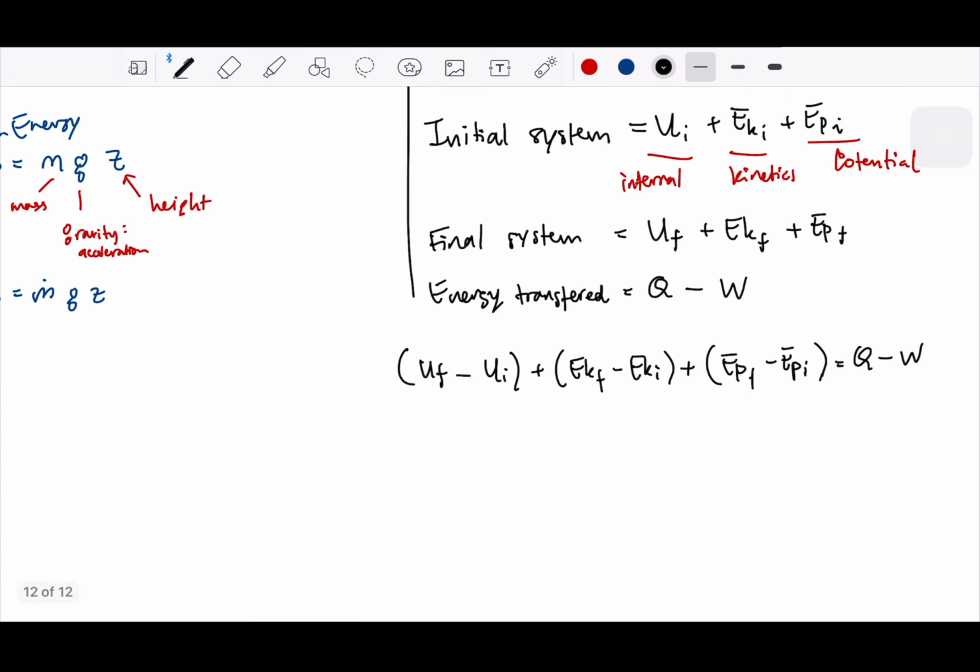And we can take this subtraction into a delta. So we call this delta U plus the delta of kinetic energy plus the delta of potential energy equals heat minus work.